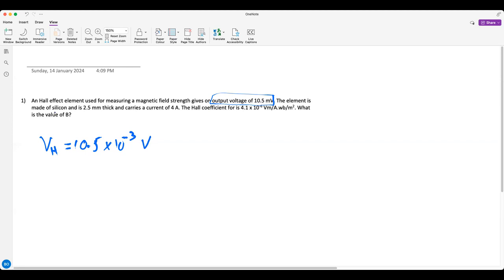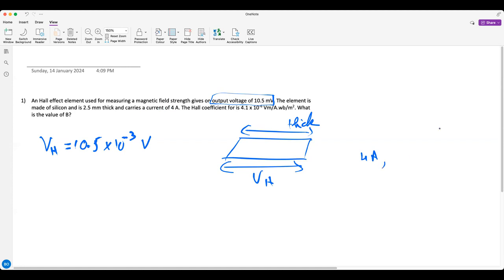The element is made of silicon and is 2.5 millimeters thick. What is the meaning of that? For example, the element is thick here, and the voltage is here, and it carries a current of 4 amps.